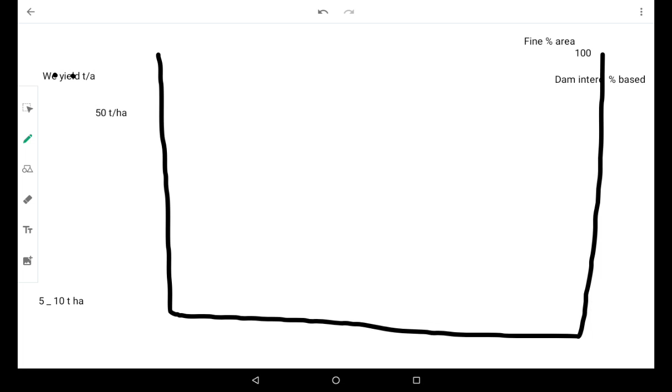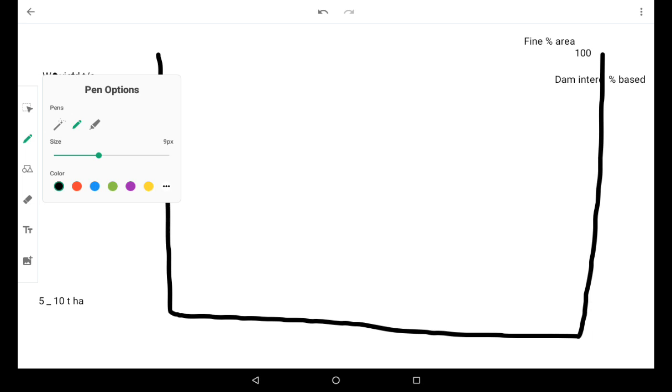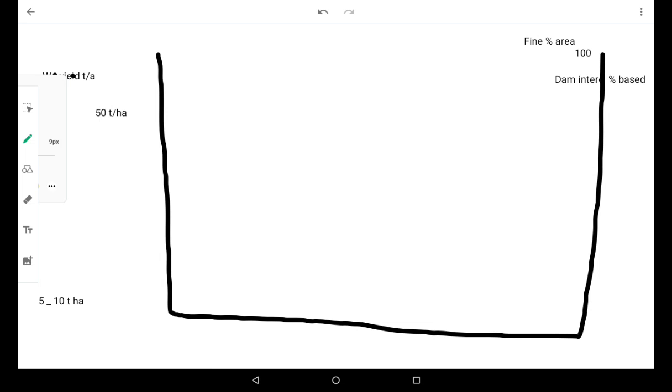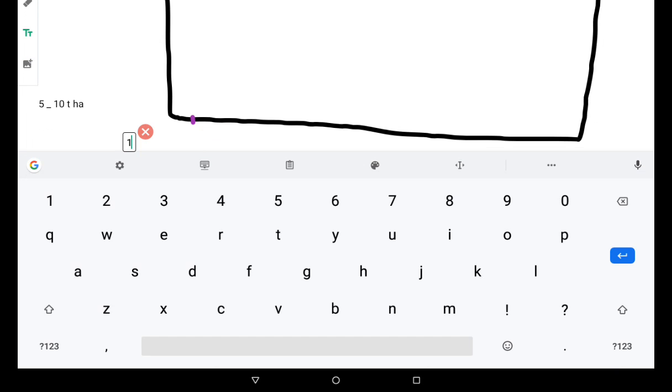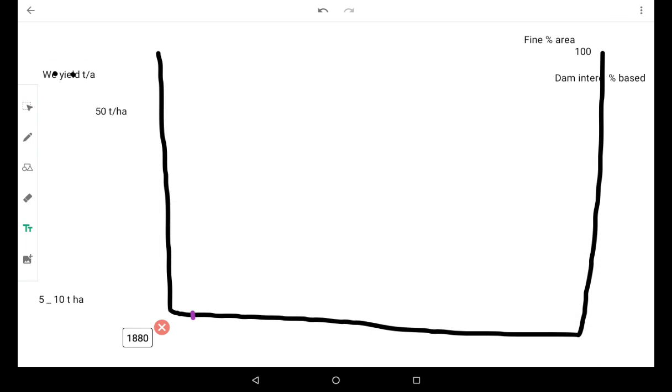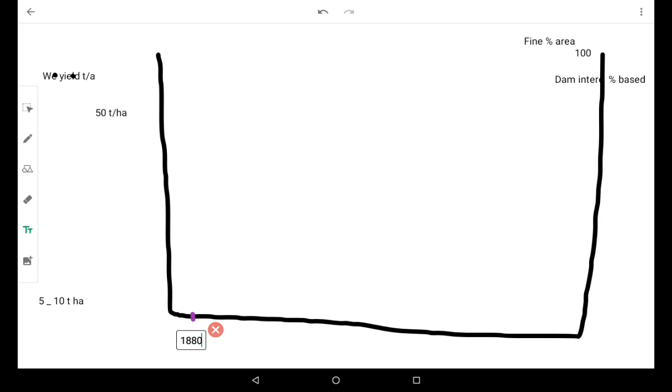So let's have a look at what we're going to look at for our dam area. So let's start off with our vines. So remember the vines in 1880s. So we want 1880s back here. I'll just mark some axes here. So this one is 1880s. Back there, we're going to have another one which will be about there.